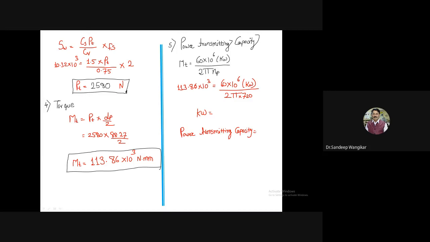What is the answer for this? 8.58. Okay. Dhanashri, any other? 8.58. Okay.